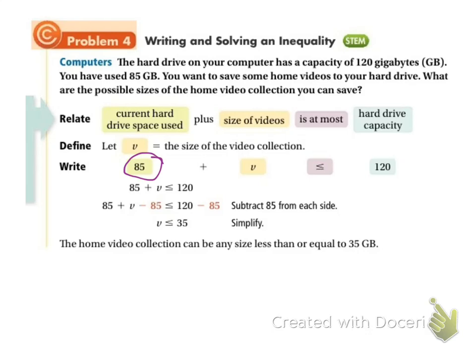Plus, I'm going to have some more that I can save. And the biggest that can be is 120. So, I get 85 plus V is less than or equal to 120. And then we'd solve for V by subtracting 85, and I get V is less than or equal to 35.